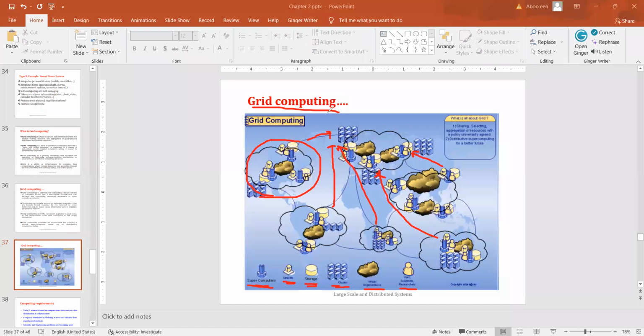So this is how grid computing works. This is one example.